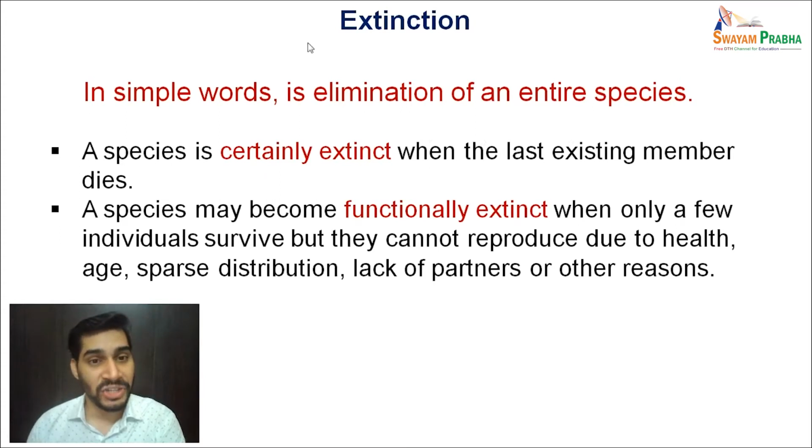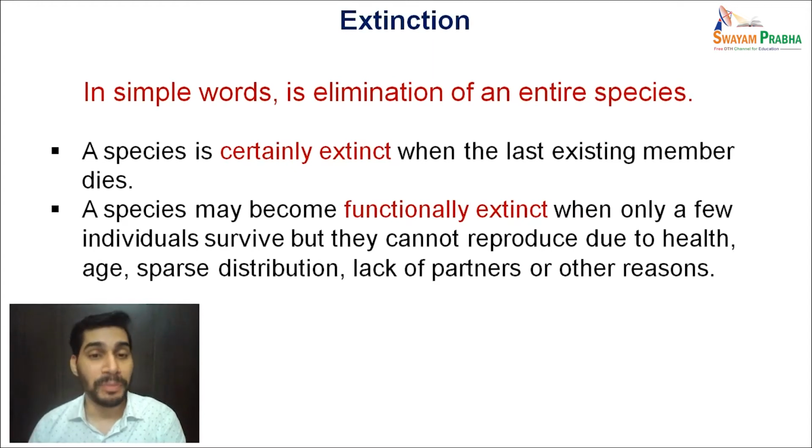Now, this is certainly an extinction event of a species if the last existing member of that particular species dies. That means after that particular individual, no more individuals belonging to that species are alive on Earth.